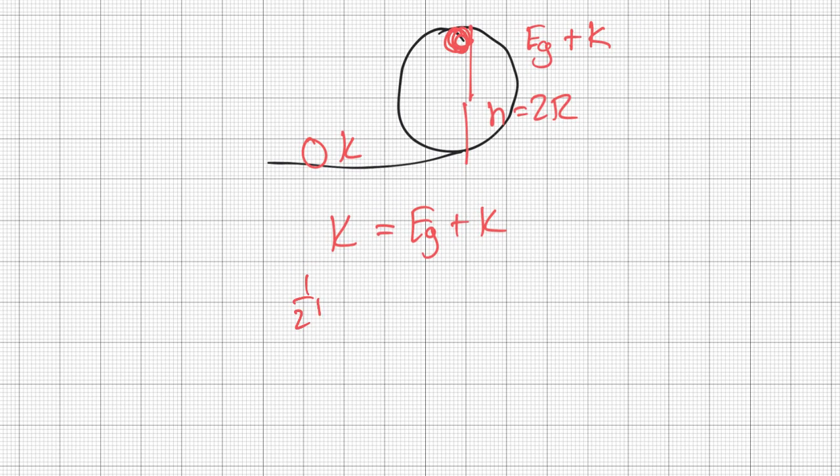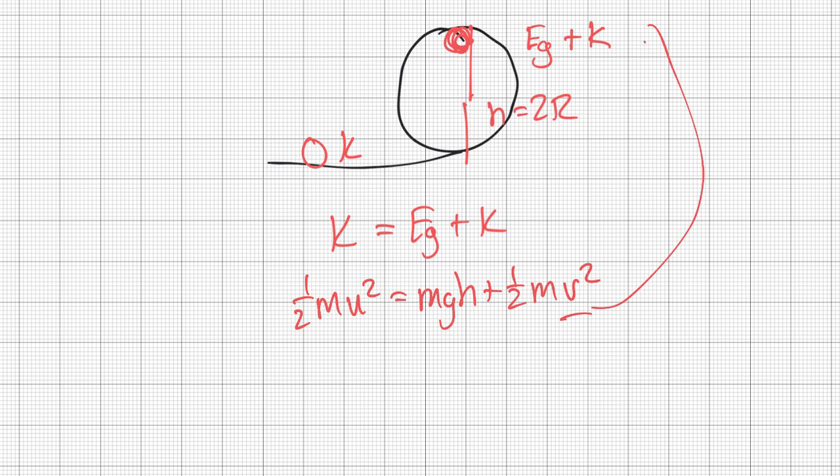So that's going to be 1/2 m u squared equals m g h plus 1/2 m v squared. And v, this is what we solved for up there. That's that 13.28. So looking at this, my masses actually go away, which is pretty nice.